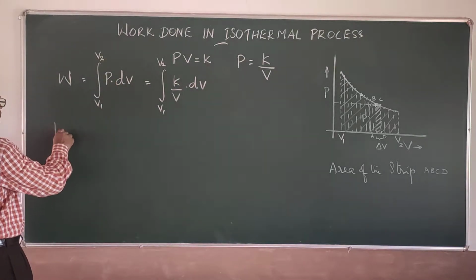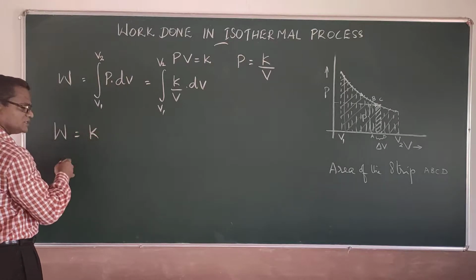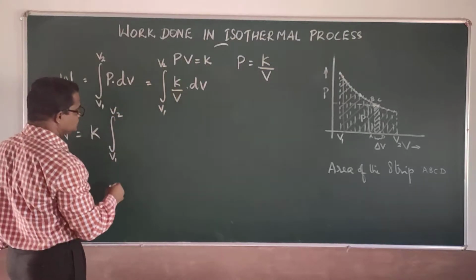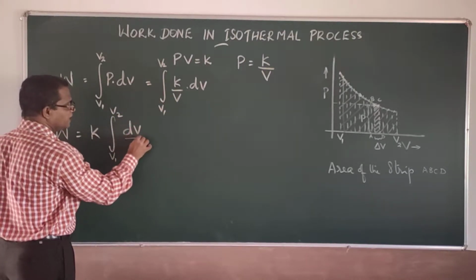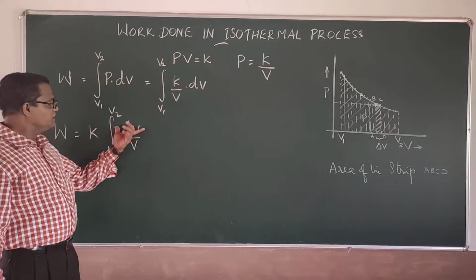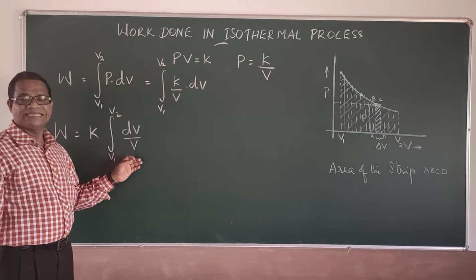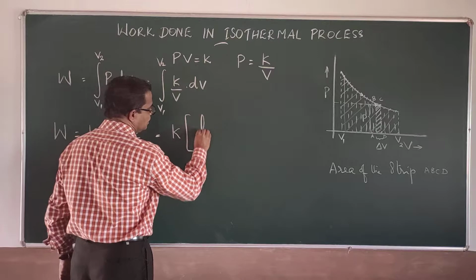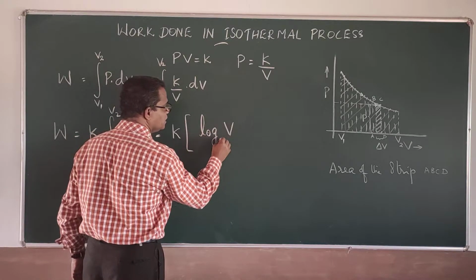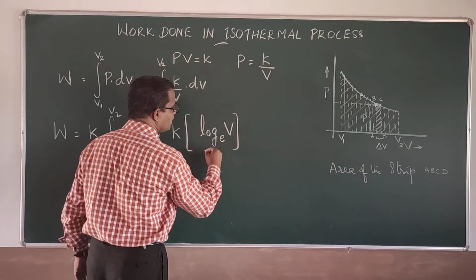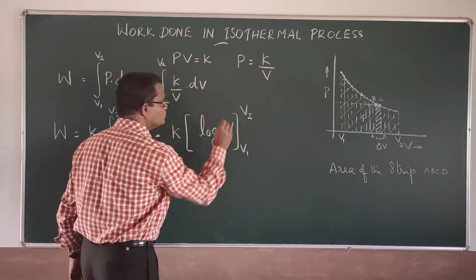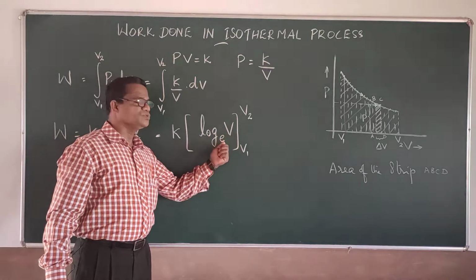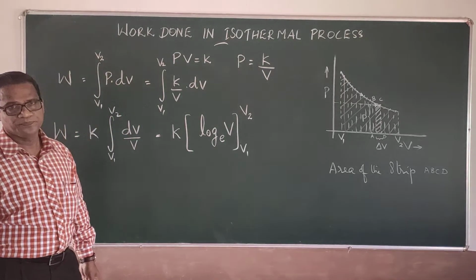So here W will be equal to K constant outside, then integral V1 to V2 dV by V. According to the integration identity, this equals K into log V to the base E from V1 to V2. The integral dV by V is log V to the base E, Napier logarithm base.